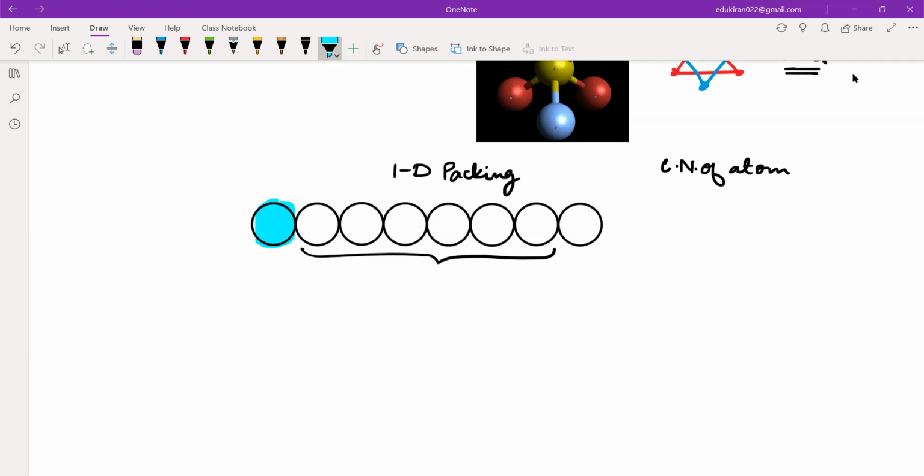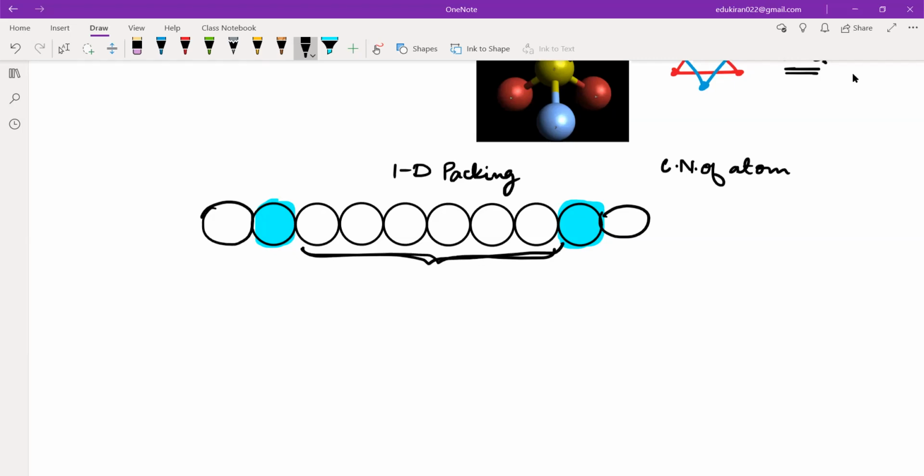If I look at these corner atoms, their environment is not completely made because we can have an atom adjacent to this atom, and here also. But if I look at any of these inside the curly bracket, their environment is complete.